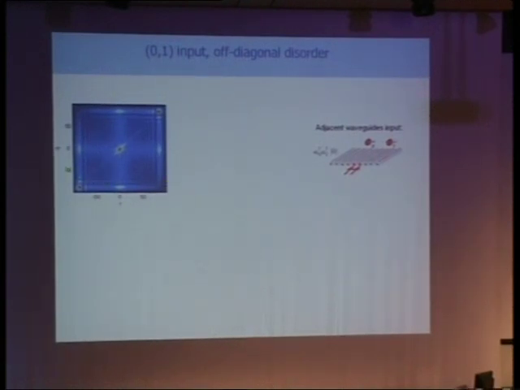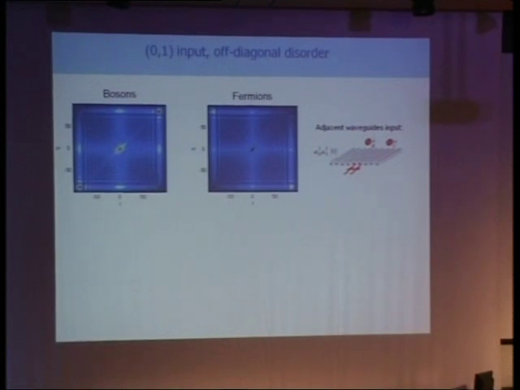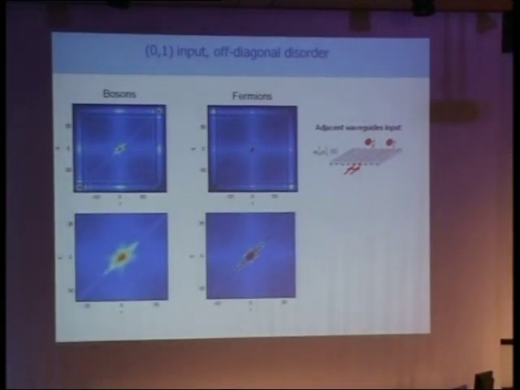This is for bosons. This is what fermions do. There is the anti-bunching, again, sometimes localization, but I want you to zoom in on the localized part to see a very funny phenomenon.